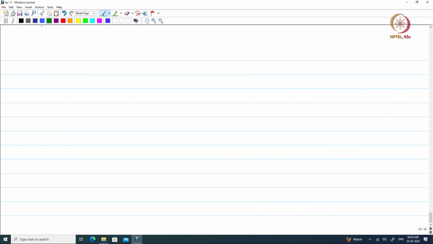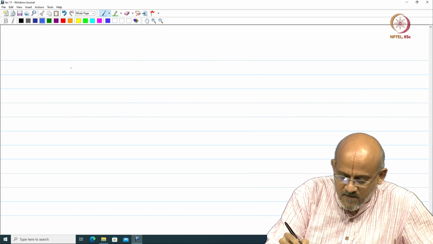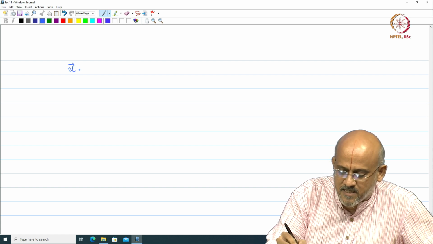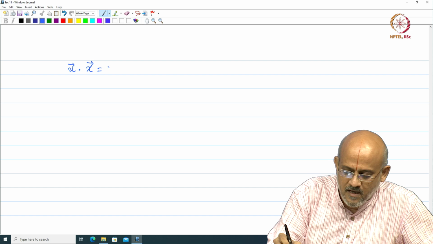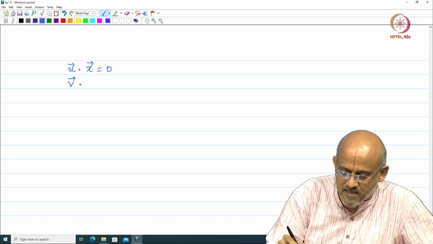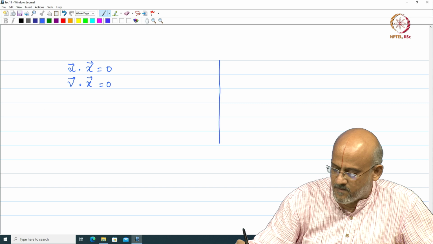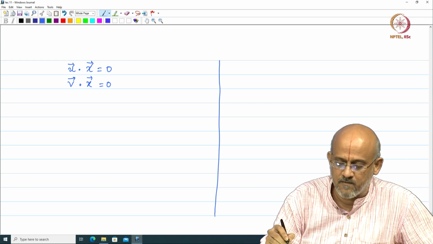Now, what is interesting is if we reinterpret this as u dot x is equal to 0 and v dot x is equal to 0, this simply means we are trying to find a vector x which is orthogonal to both the vectors u and v.